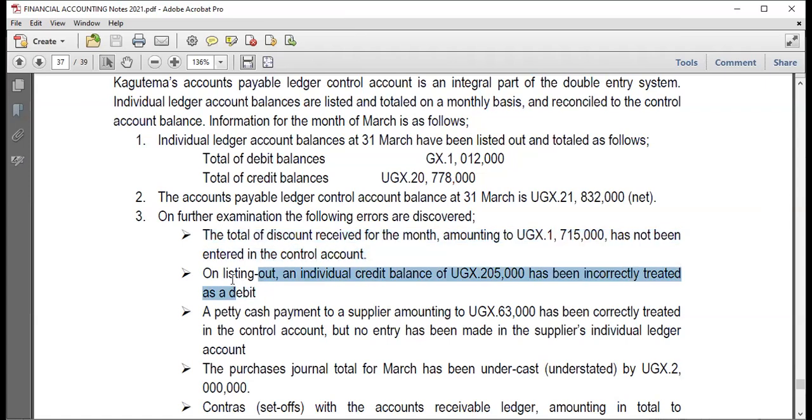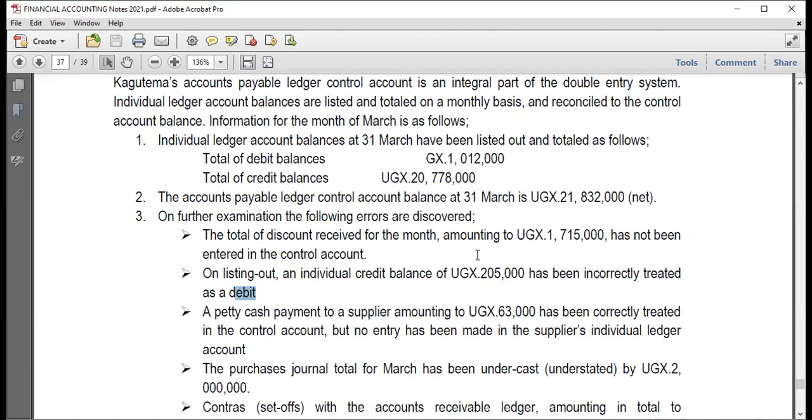But then we have something here where they say that on listing, an individual credit balance of 205 had been incorrectly treated as a debit. So basically, we are going to correct this within the statement that we are just drawing, the reconciliation.